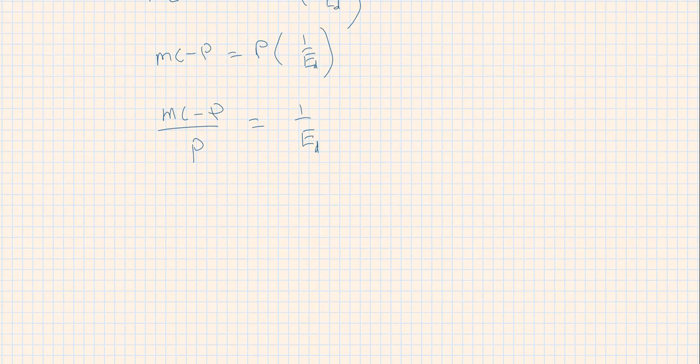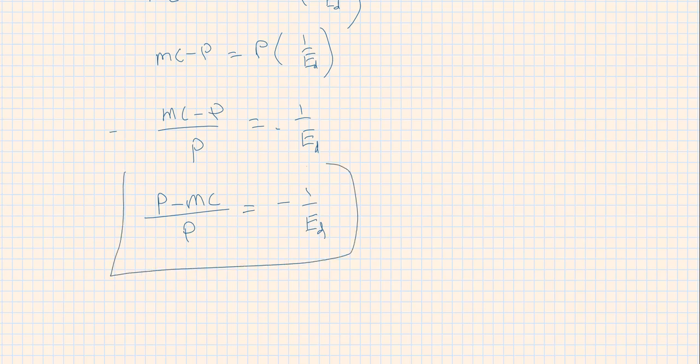So if I multiply both sides with a negative sign, what we then get is that P minus MC over P, which is our markup, is given by minus 1 over elasticity of demand. So this is our simple rule of thumb markup pricing condition, where our markup, which is the ratio of price minus marginal cost to price, is given by negative of 1 over elasticity of demand.